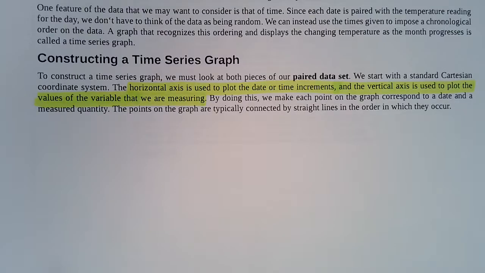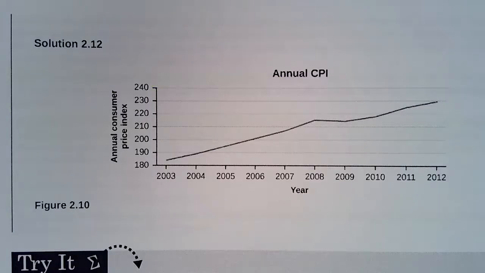A time series graph is basically when we use the horizontal axis to plot time, whether it's in dates, years, whatever it is, and the vertical axis is used to plot the values of the variables. Here's an example of a time series graph.